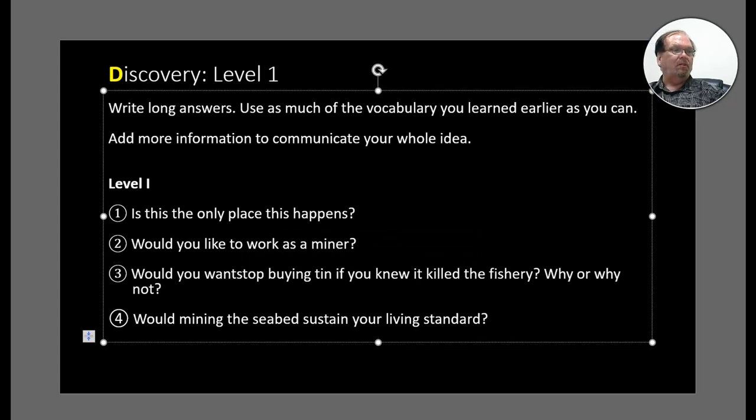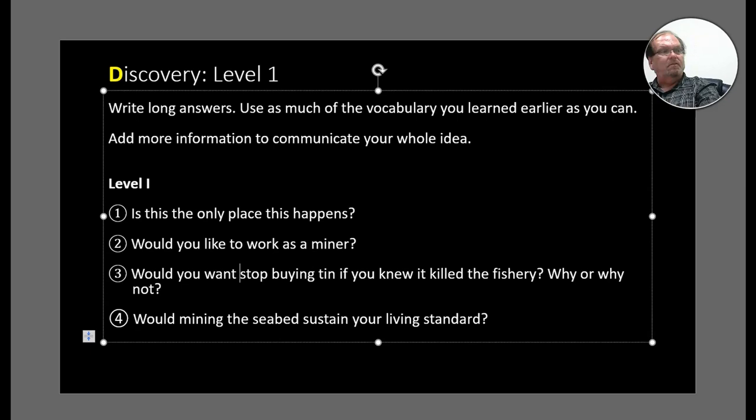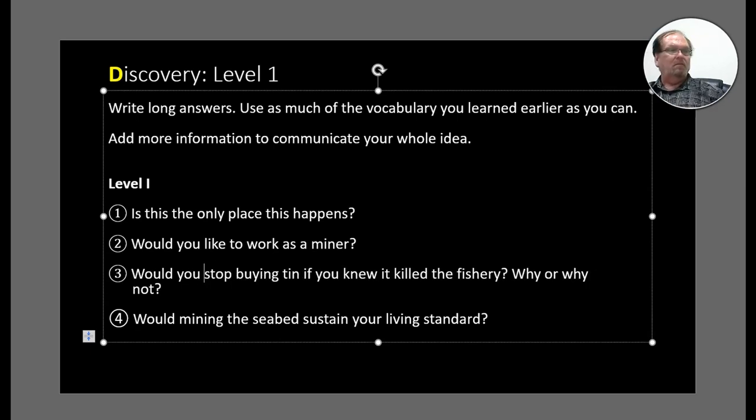Major issue here. Would you stop? There we go. Would you stop buying tin if you knew it killed the fishery? Why or why not? Would mining the seabed sustain your living standard?